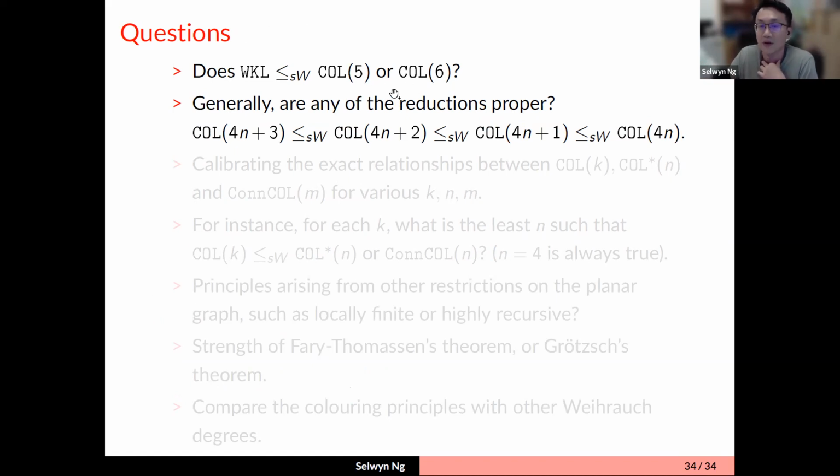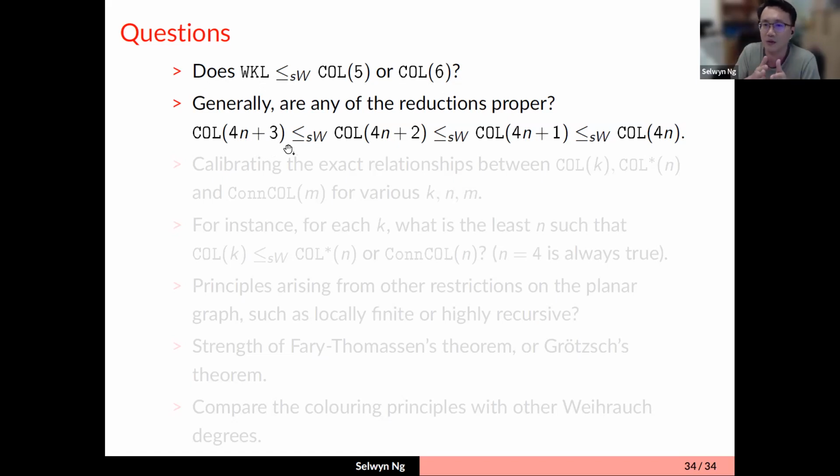We do not know if the 5-color theorem and the 6-color theorem can be uniformly or effectively reduced to Weak Koenig's lemma. The reduction we have is through DNR3 and DNR4, but we don't know if you can do it directly. A related question is whether any of the reductions within every 4 levels can be made.